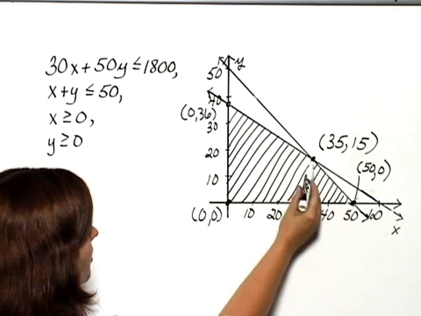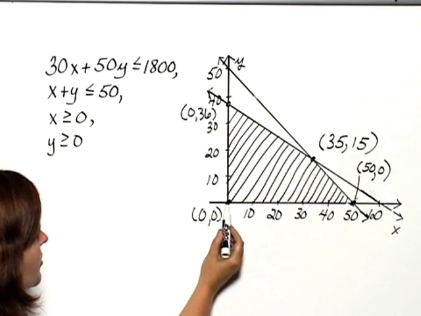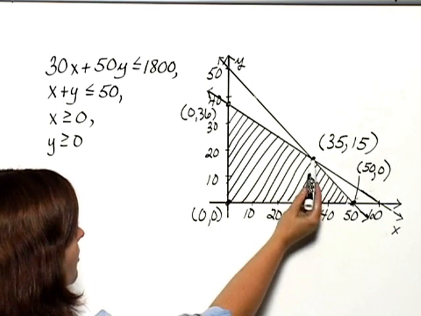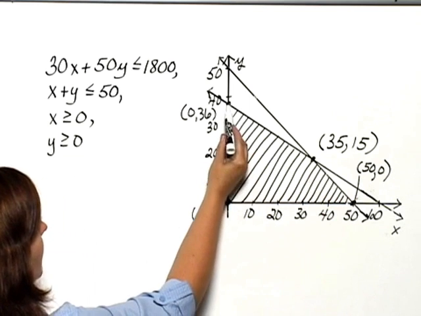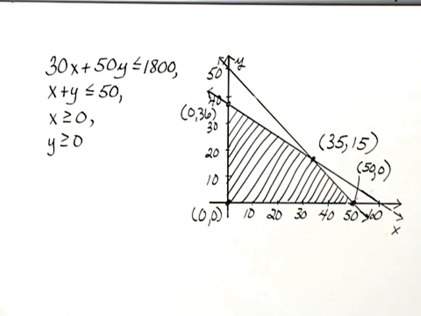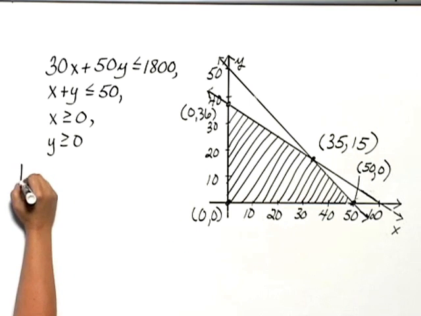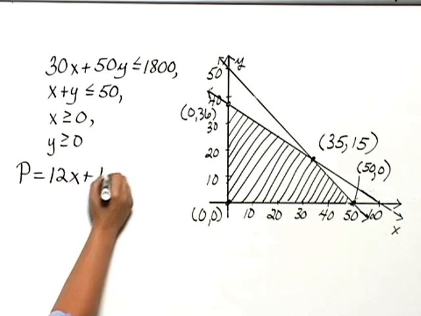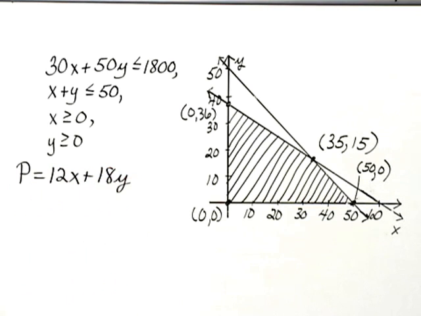And there are 4 that we find: (0, 0), (50, 0), (35, 15), and (0, 36). What we want to do is take that profit function, P equals 12x plus 18y, and evaluate it at each one of those vertices.